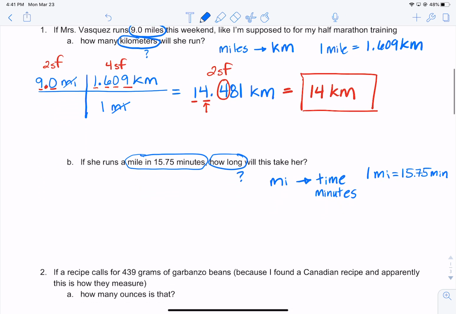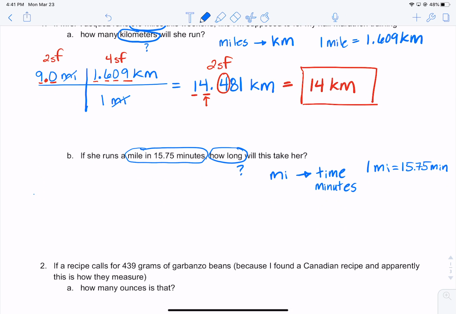All right, so let's plug this in. So if I were to run 9.0 miles, and I can go 1 mile in 15.75 minutes, how many minutes is that? It turns out to be 141.75 minutes.